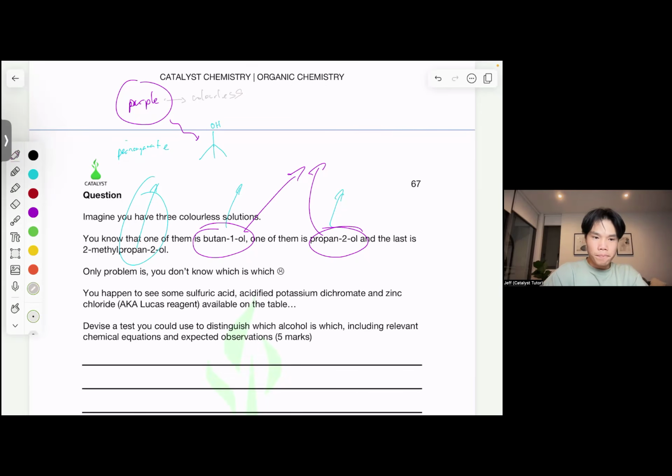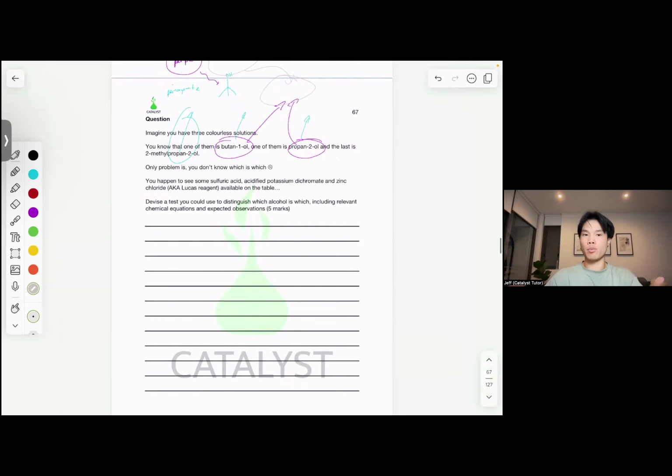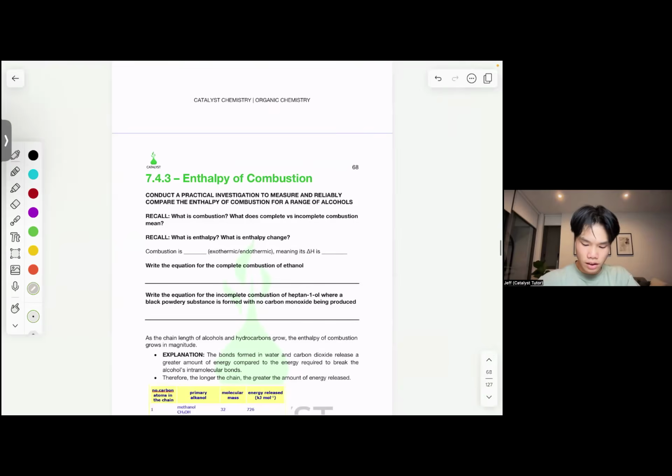Colorless. It would be colorless if you gave it enough time. Time taken for this reaction, let's not worry about it too much for now, that's Module 8. We just say it will become colorless in the end for these two. Good. So you should be able to separate primary and secondary alcohols from tertiary alcohols using this test.